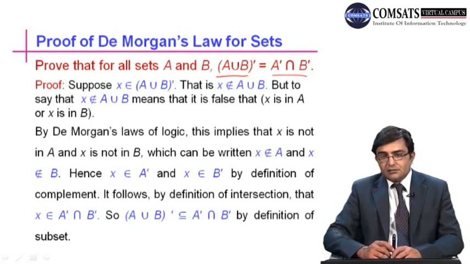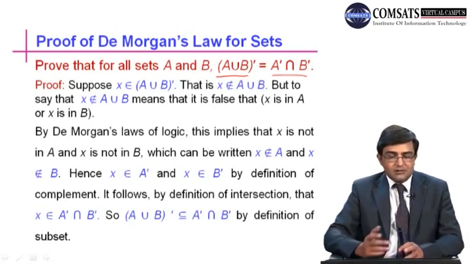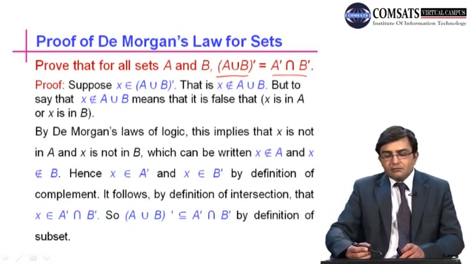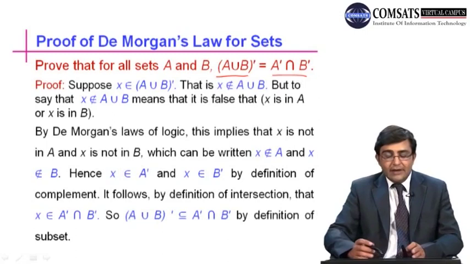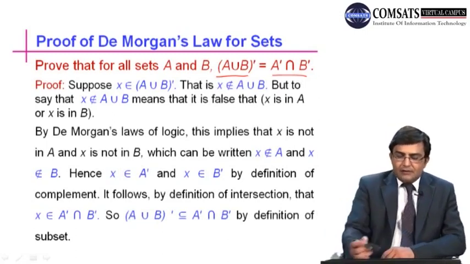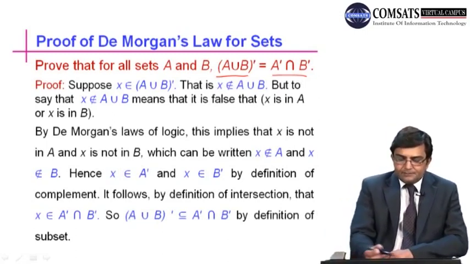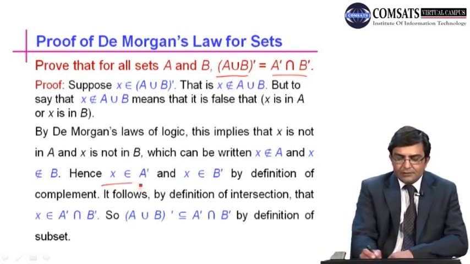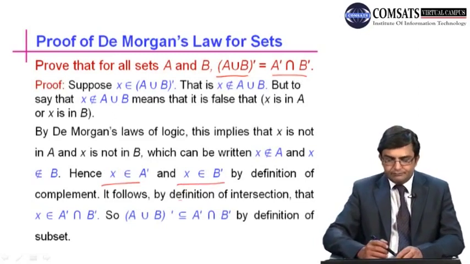It means that X doesn't belong to A, or X doesn't belong to B. So if X doesn't belong to A or X doesn't belong to B, then we can say that X belongs to A complement and X belongs to B complement.